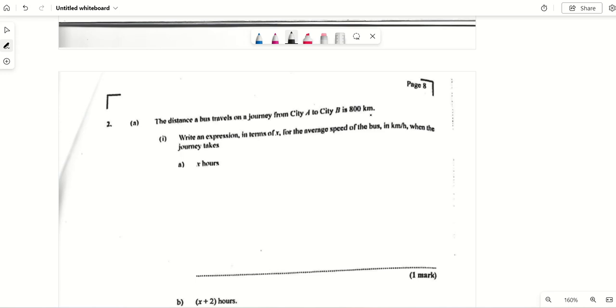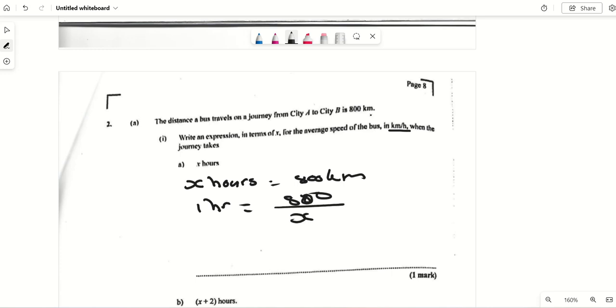This just means x hours will take 800 kilometers. Kilometers per hour just means for 1 hour. So if x hours is 800, then 1 hour is 800 divided by x. And that will be your answer for this.